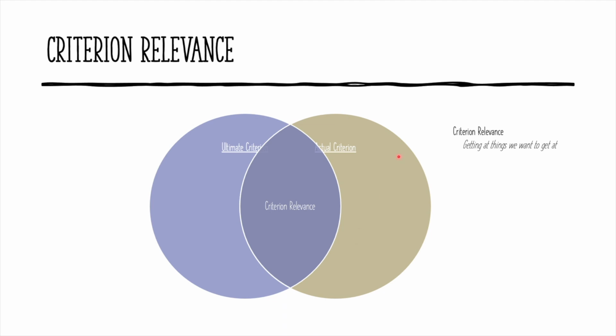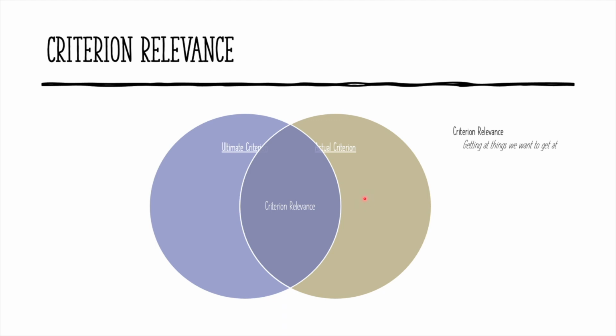Say right here in the actual criterion, this bit is what our measure of the criterion actually gets at, and this is the theoretical construct of the ultimate criterion, and this bit in the middle here is what our measure is getting at in the ultimate criterion. So this is the relevance, that overlap between the actual and ultimate criterion.